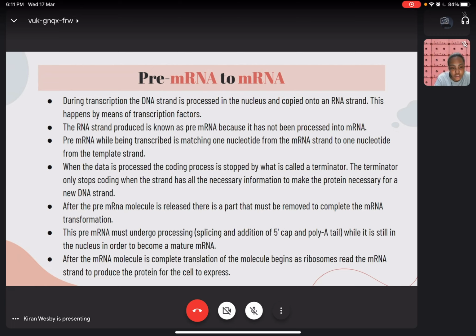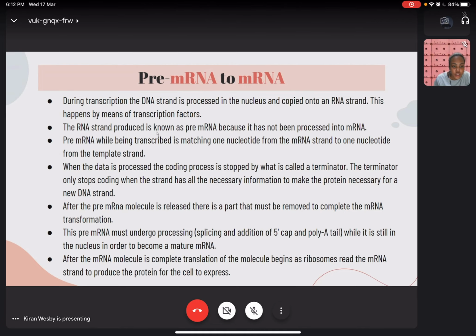And your exons are like your exterior parts, the parts that contain all of the important information that you need. So splicing is basically the removal of your introns. When you remove your introns, you have the 3 parts of your exon left that you will merge together to give you the full mature mRNA strand.